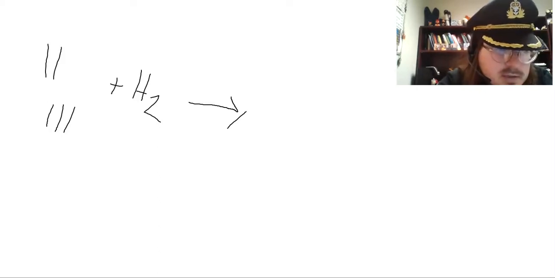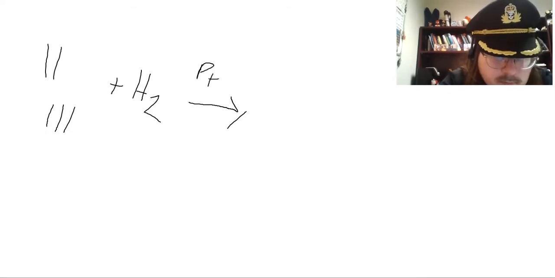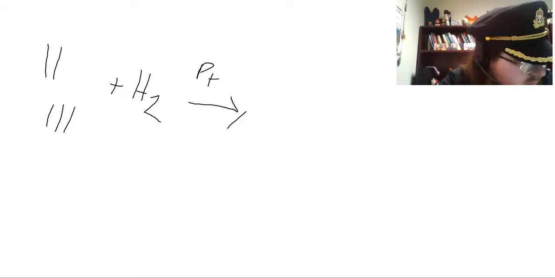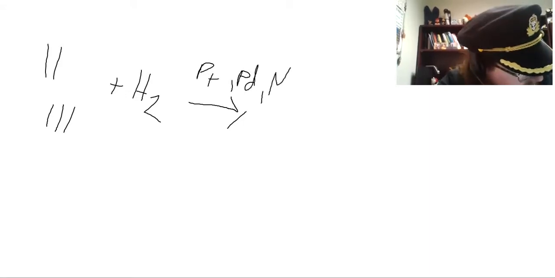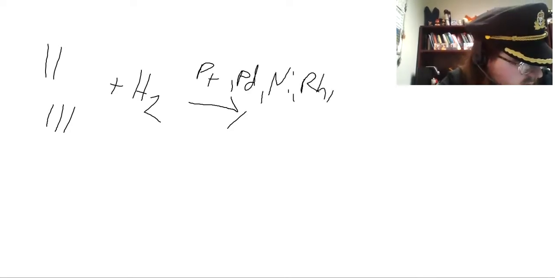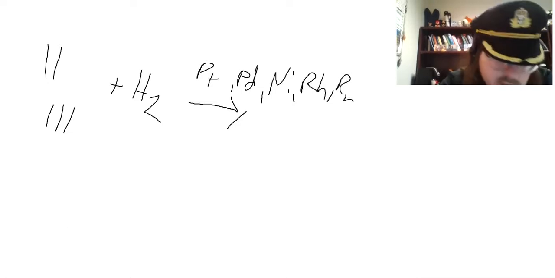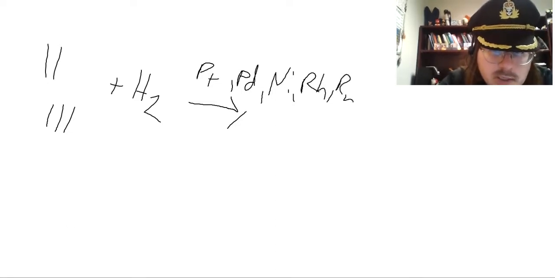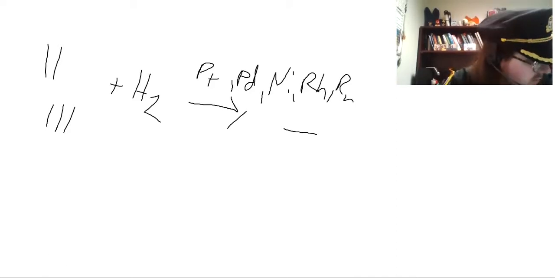It's going to be adding syn across the metal. So platinum, palladium, nickel, rhodium, ruthenium, all these are going to add. But essentially, it's going to generate an alkane from an alkene or alkyne.